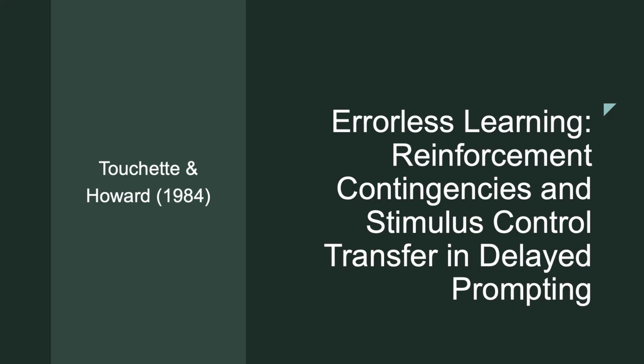So with that, let's move over to the Touchette article. Once again, this article is focusing on the topic of transfer of stimulus control. And you can see in the title, errorless learning, right? That's one way we could classify these procedures, or the effect that's occurring.